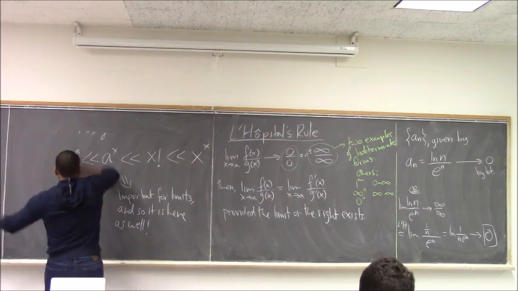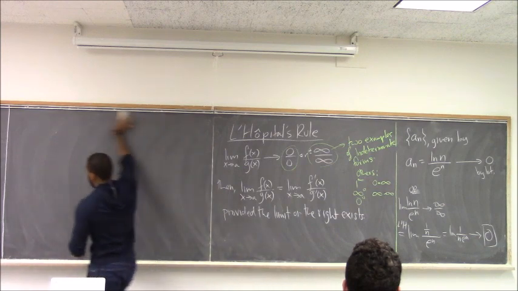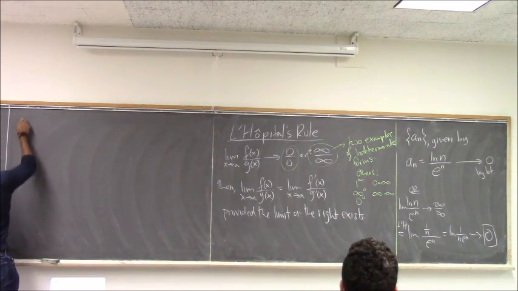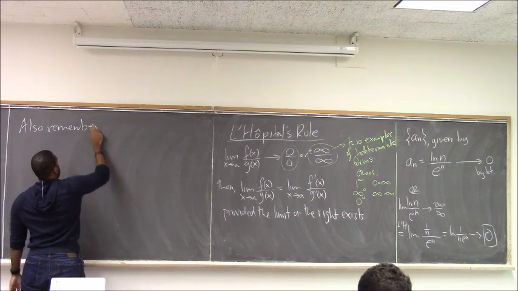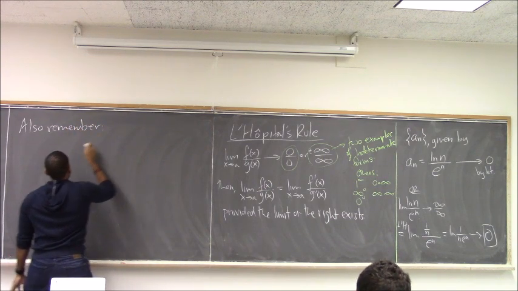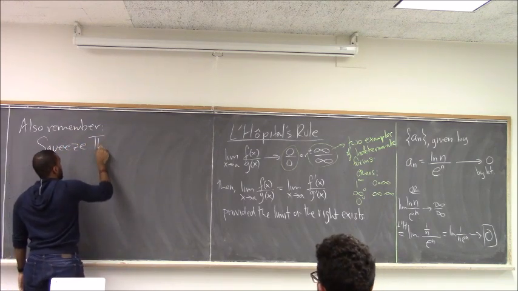So all of these you went over in Calc 1, so I'm not trying to teach you anything new here, I'm just trying to jog your memory a little bit. Also, remember squeeze theorem. So that might be applied here.